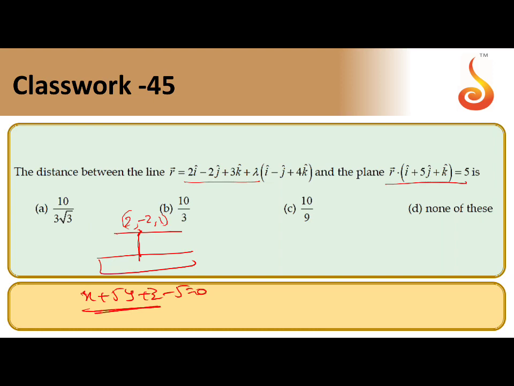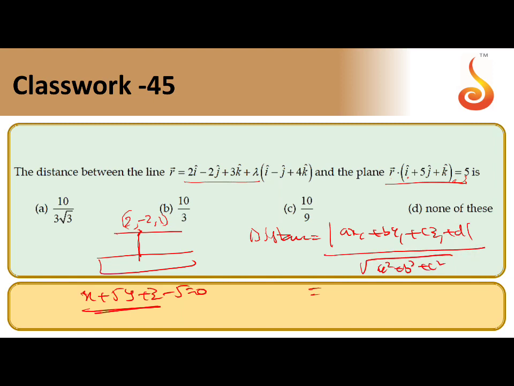So r equal to xi plus yj plus zk is the vector form. The Cartesian form is x into 1, 5y, z into 1, and bringing the constant to this side, minus 5. So you have a plane and a point. We have a distance formula. What is it? Perpendicular distance equals modulus of ax1 plus by1 plus cz1 plus d, by root over a square plus b square plus c square.